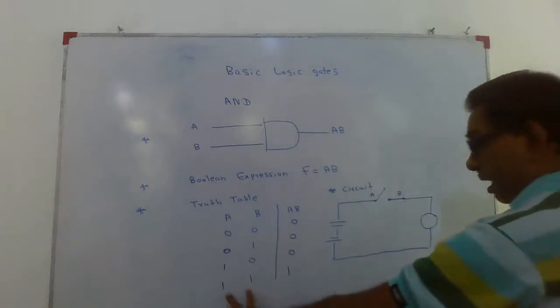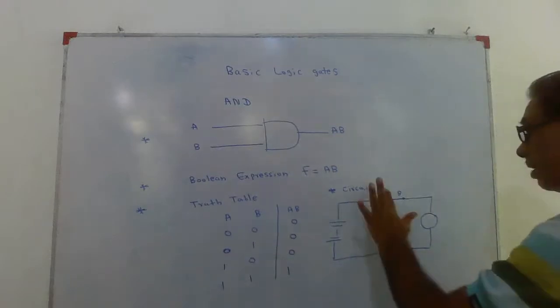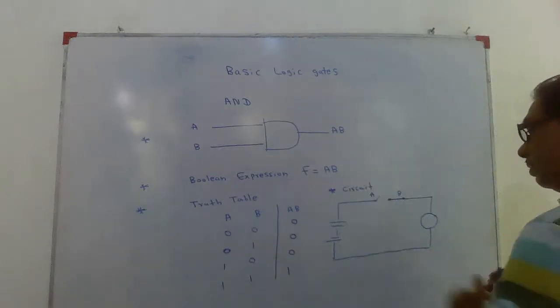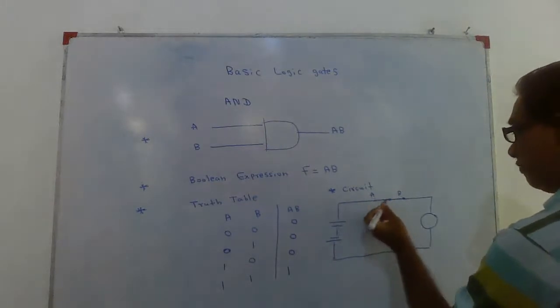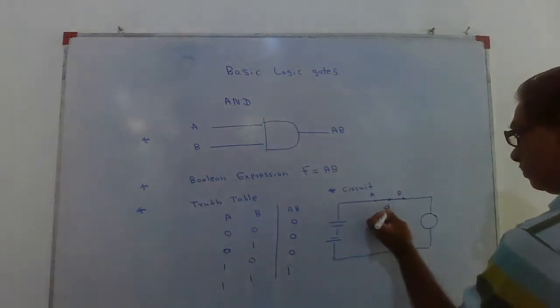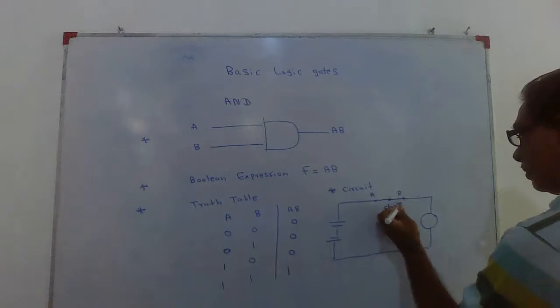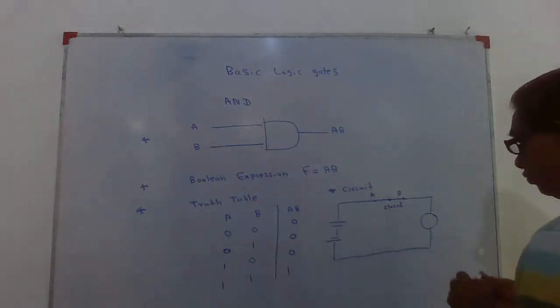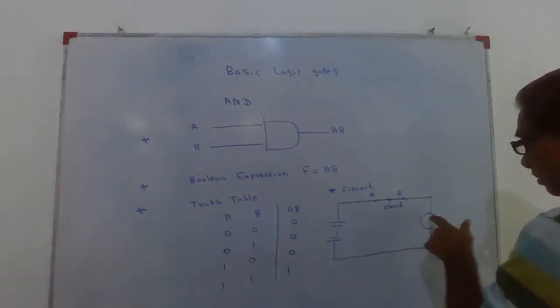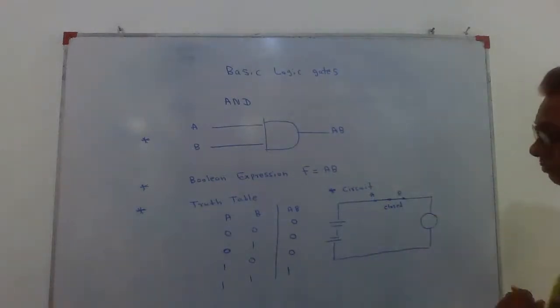But in the last row, 1 and 1, both switches are closed. If both are closed, only then can power pass through the line, and then the bulb will be on.